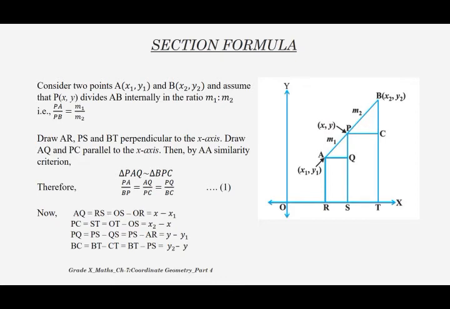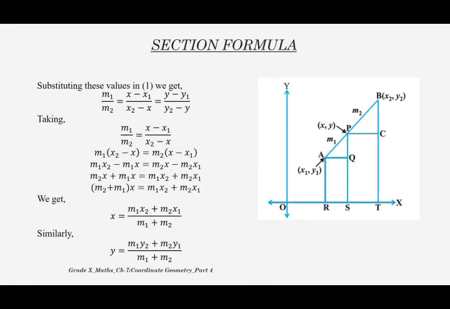And AQ is equal to x minus x1, PC is x2 minus x, PQ is y minus y1, BC is y2 minus y. If we substitute those values in equation 1, which is our ratio, then we get m1 by m2 is equal to x minus x1 by x2 minus x, which is equal to y minus y1 by y2 minus y.